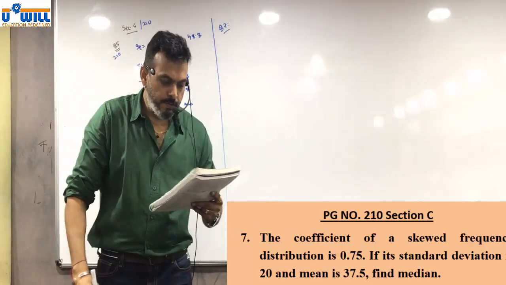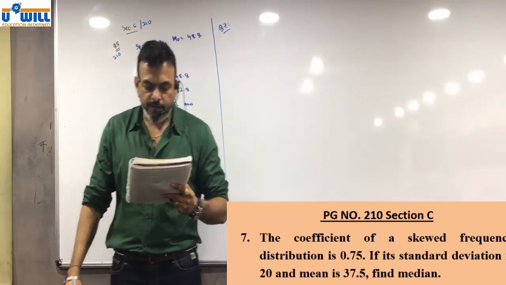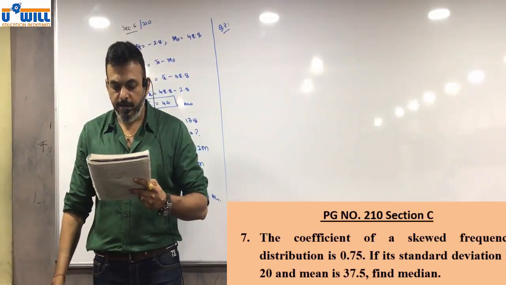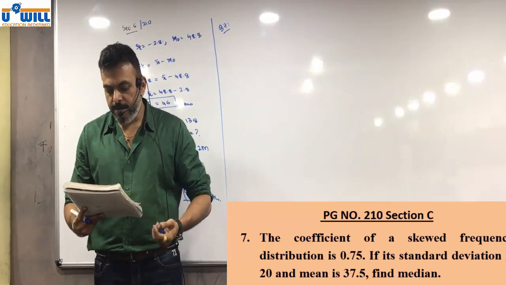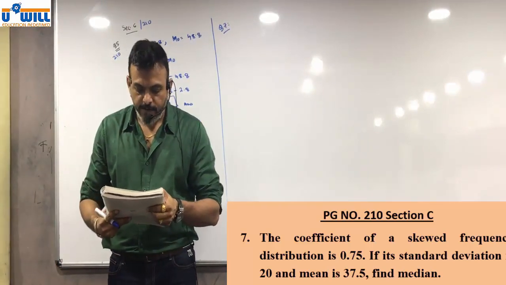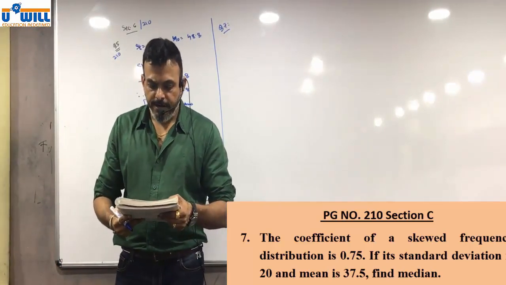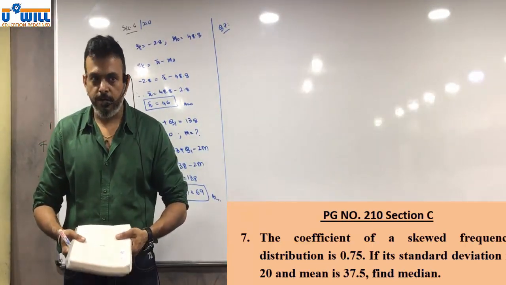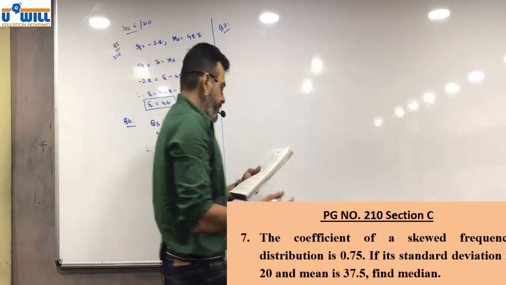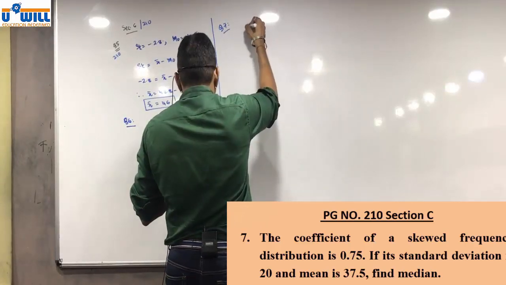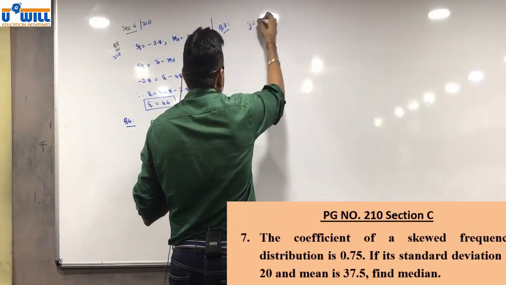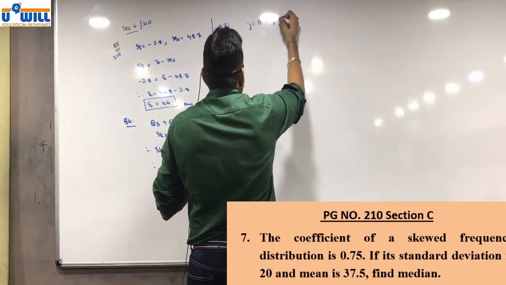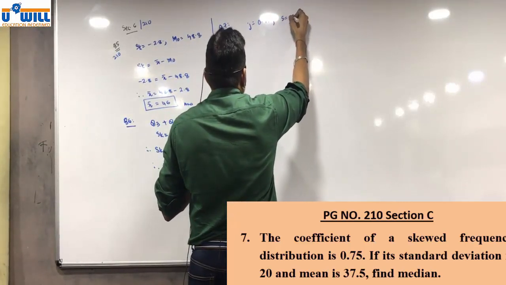Question 7. Coefficient of skewness of a frequency distribution is 0.75. If standard deviation is 20, mean is 37.5, we have to find the median. So which formula will we use? The median one? Okay. J is equal to 0.75. Standard deviation is equal to 20.